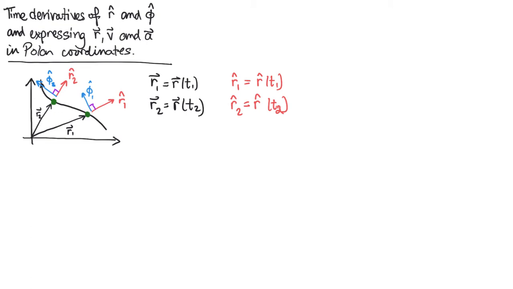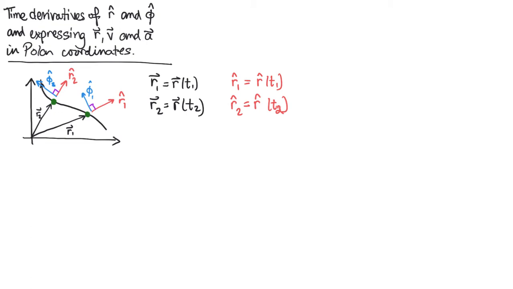And notice that those two are orthogonal to each other. The r hat vector and the phi hat vector are perpendicular to each other, and that's true for all time, even though the pair of those vectors might rotate in time.